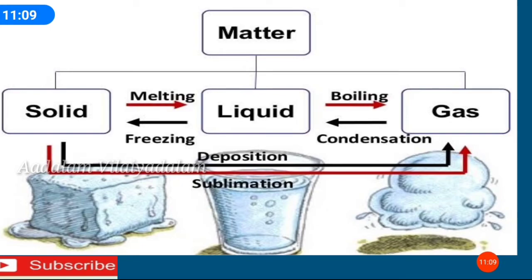So what changes take place in matter by heating and cooling? When a solid is heated, the particles gain energy and vibrate more vigorously. Then liquids: melting occurs when the melting point is reached. The solid changes to its liquid state.